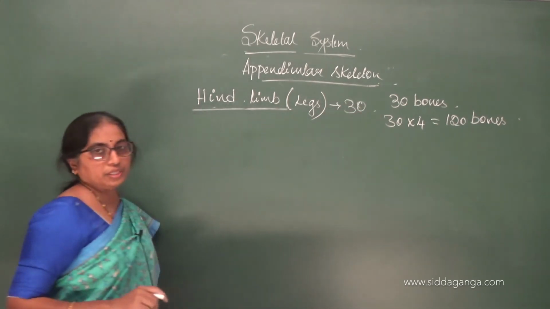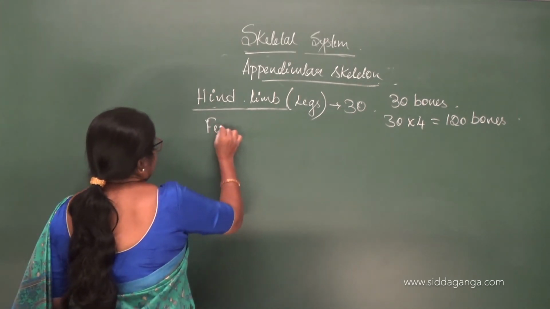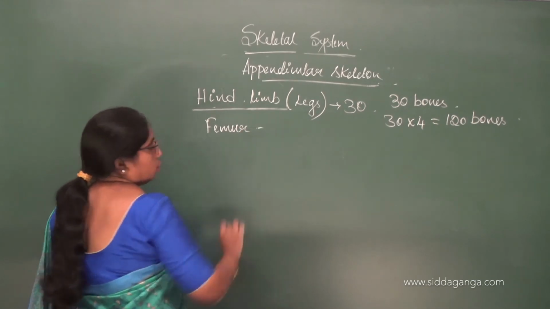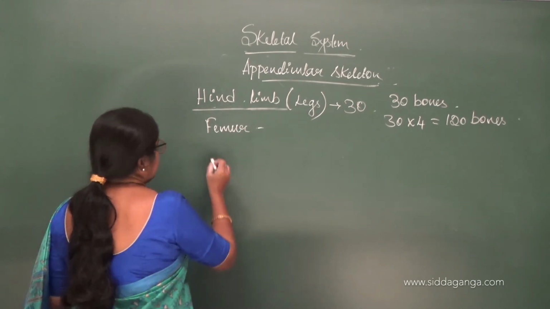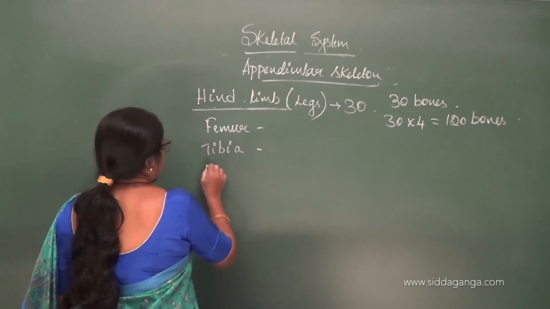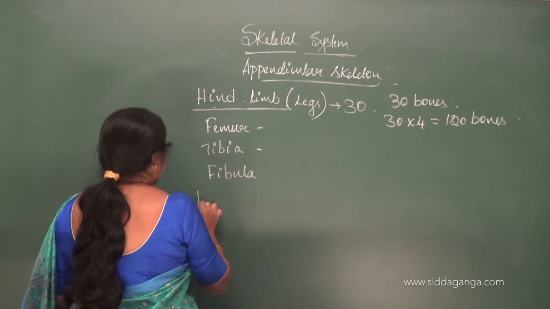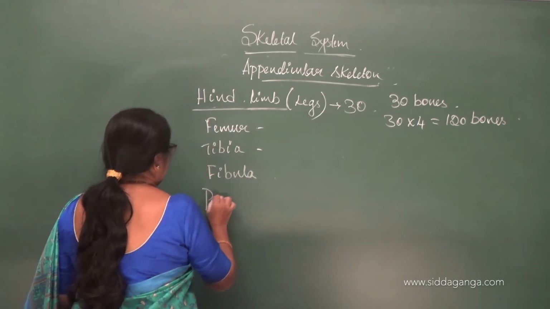Each hind limb consists of 30 bones. To start with, the femur, tibia, fibula, and the kneecap, which is called the patella.